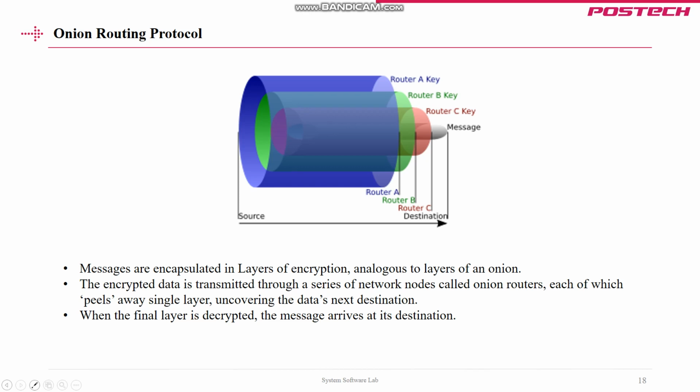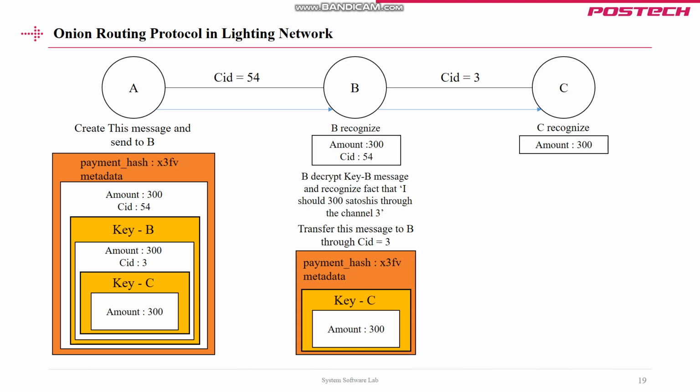The encrypted data is transmitted through a series of network nodes called onion routers, called nodes in the Lightning Network, each of which peels away a single layer, uncovering the data for the next destination. When the final layer is decrypted, the message arrives at its destination.